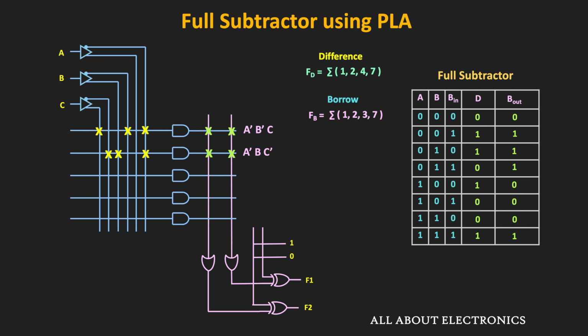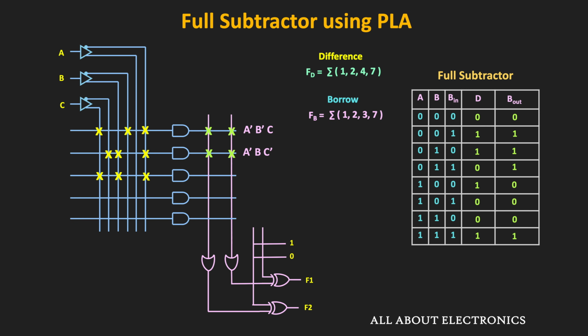Similarly, if you see the third required minterm, then that is equal to M3. So in the truth table, that corresponds to 0, 1, 1. So to connect this product term, A bar is connected with the AND gate and likewise both B and C are connected with the AND gate.